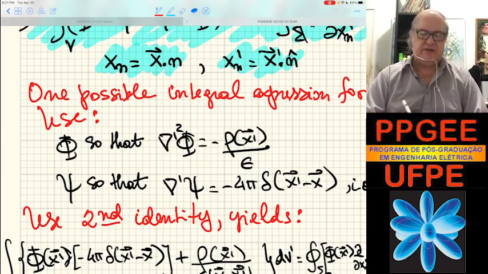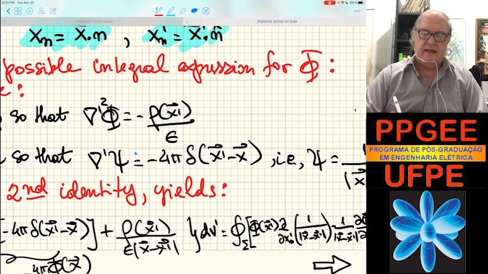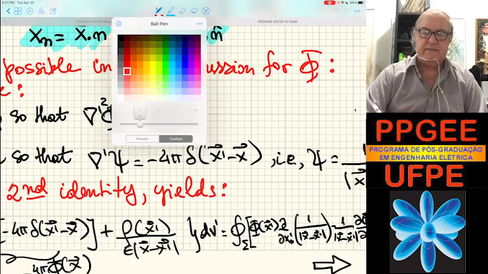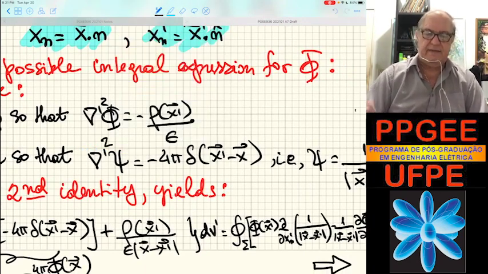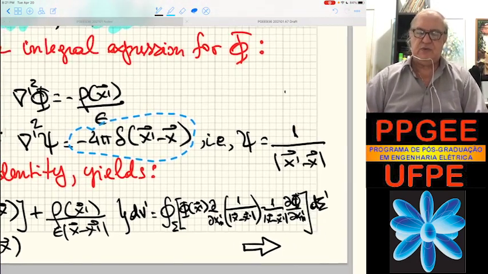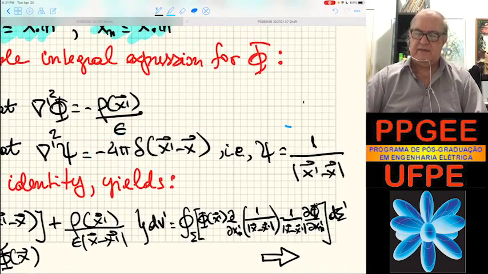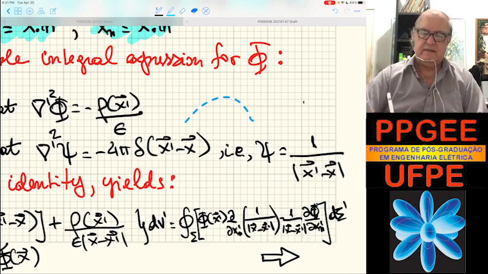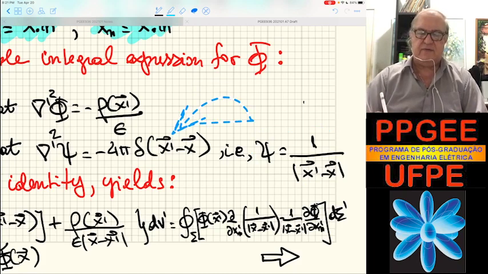The second function, I'm going to use a specific one, which is the function that gives, this is wrong here, a Laplacian of psi equals minus 4 pi delta, right? Let's choose this option here. I can use the inverse function, because the Laplacian of the inverse function is minus 4 pi delta.